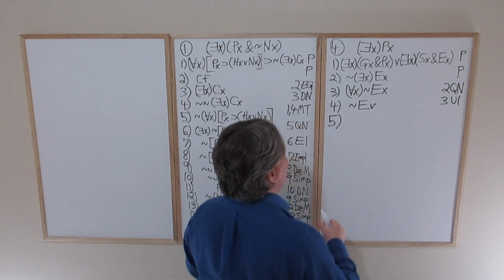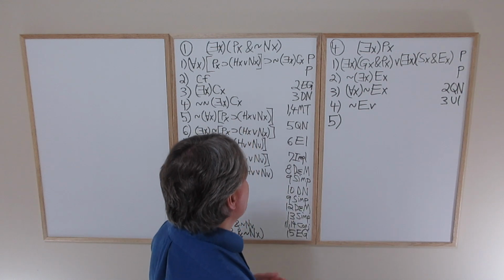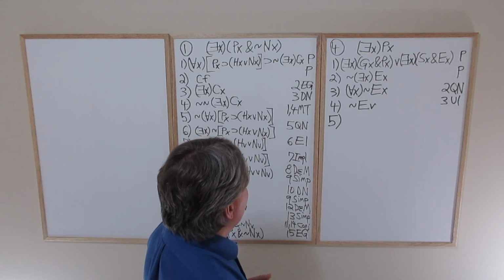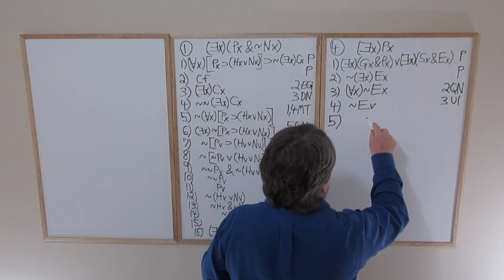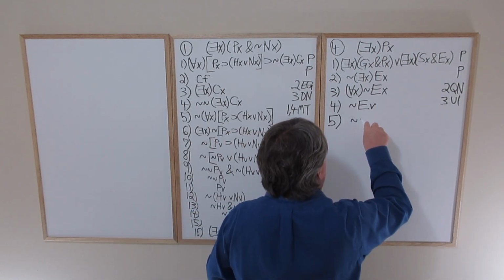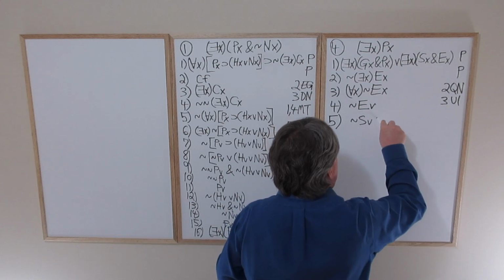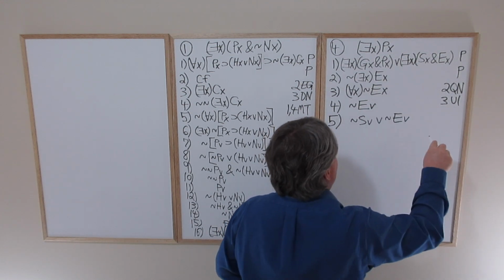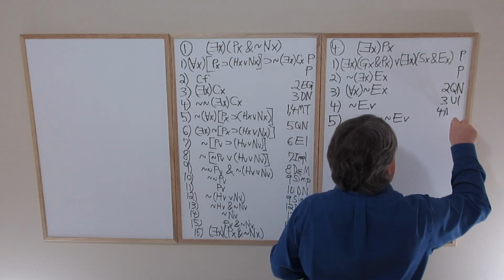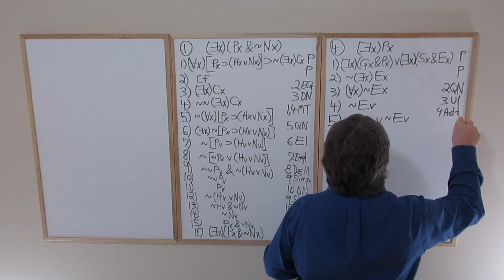So, availing ourselves of the two-sided addition rule, we're going to go from, it's not the case that EV to tilde SV or tilde EV, so that's four, addition.